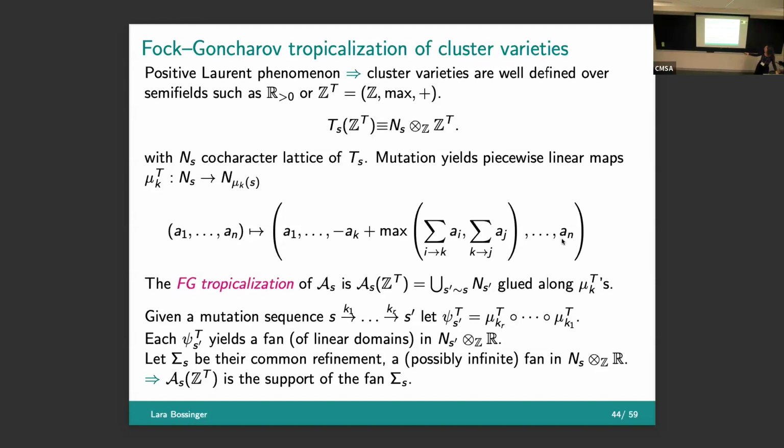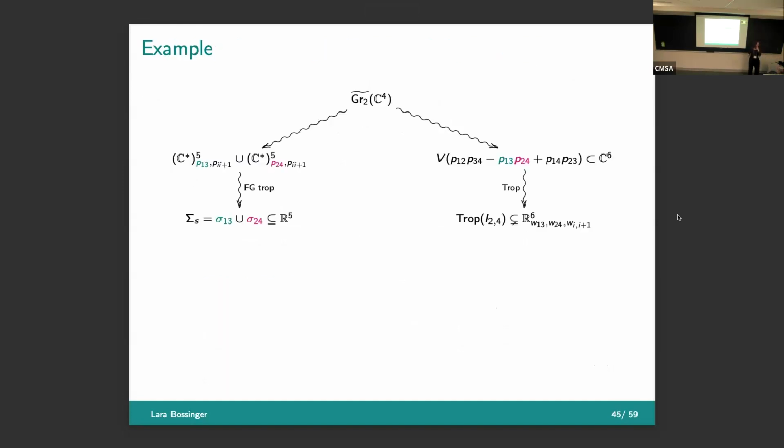And once we fix a seed, we can realize it as an honest fan, and then we can ask for the polytope. Okay, good. Then let's run through the Grassmannian and compare.